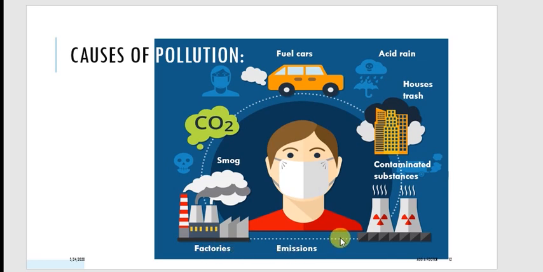Then emissions. Emissions from contaminated substances, emissions from nuclear factories and other types of factories in general, they give off emissions. This smoke is considered an emission and it's toxic and contaminated. It means it is dangerous for the health of human beings and the health of animals and their existence.